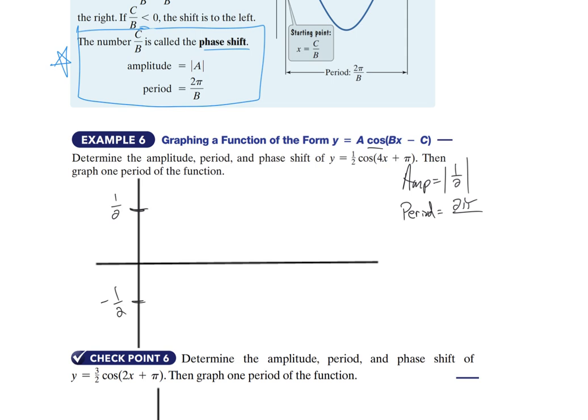So we have 2 pi over 4. That is pi halves. And the phase shift is our c over b. So that's pi fourths. Now it's a plus, so we're going to go to the left. We're going to go left, pi fourths.